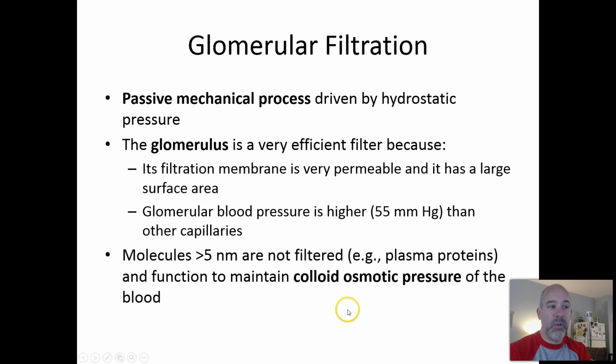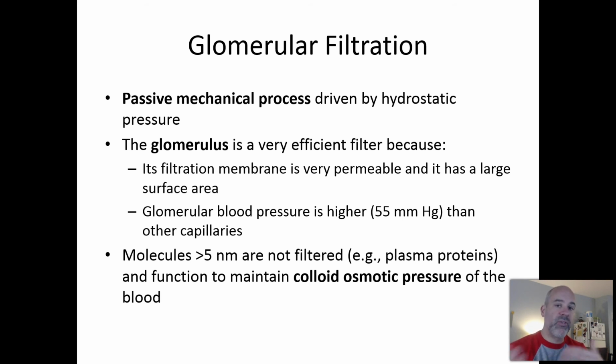All right, if you guys remember when we talked about what actually drives the exchange of fluids between capillaries and surrounding tissue fluids, it was the colloid osmotic pressure. And colloid here is referring to these large molecules, these proteins that are located in the blood. So they have an osmotic pressure. They're solutes, and solutes suck water across membranes or walls of capillaries.